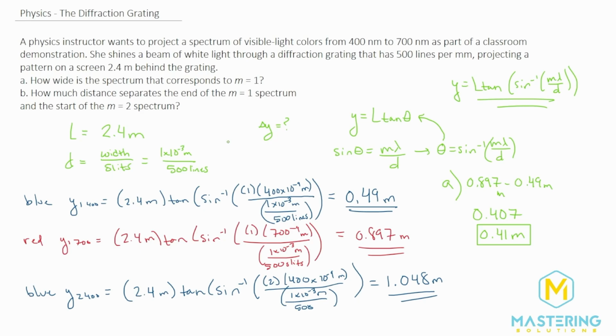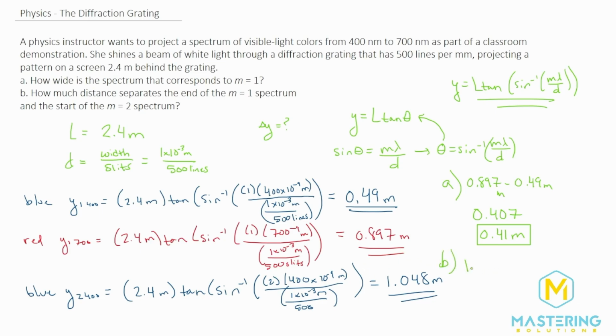Now for the second part, how much distance separates the end of m1 from the start of m2? Well, the end of m1 was the 0.897, and the start of m2 is going to be the blue again. And so for m2, now we just do the same thing.